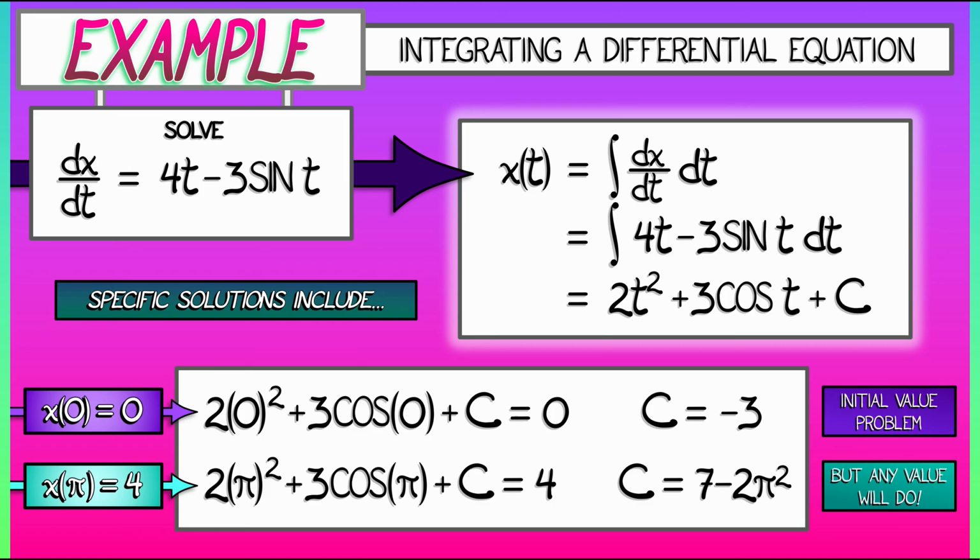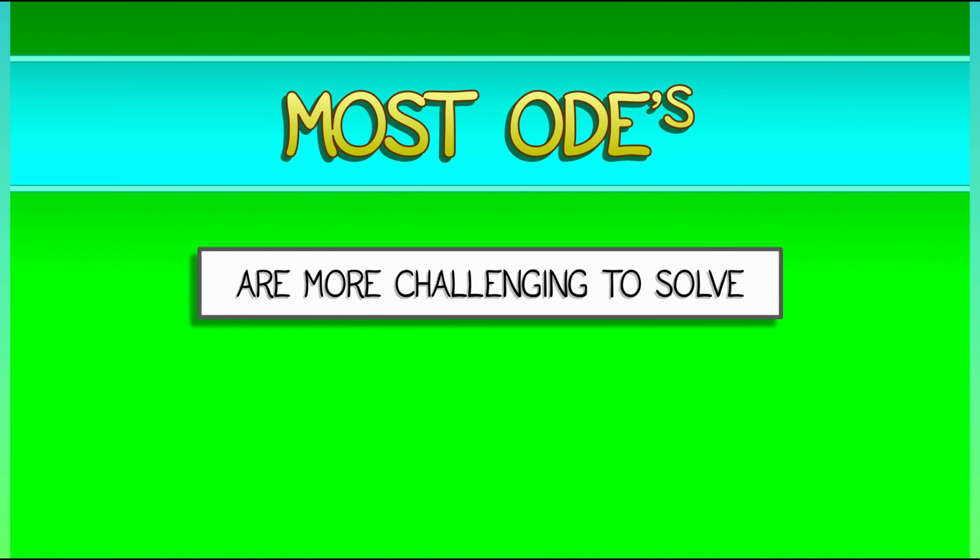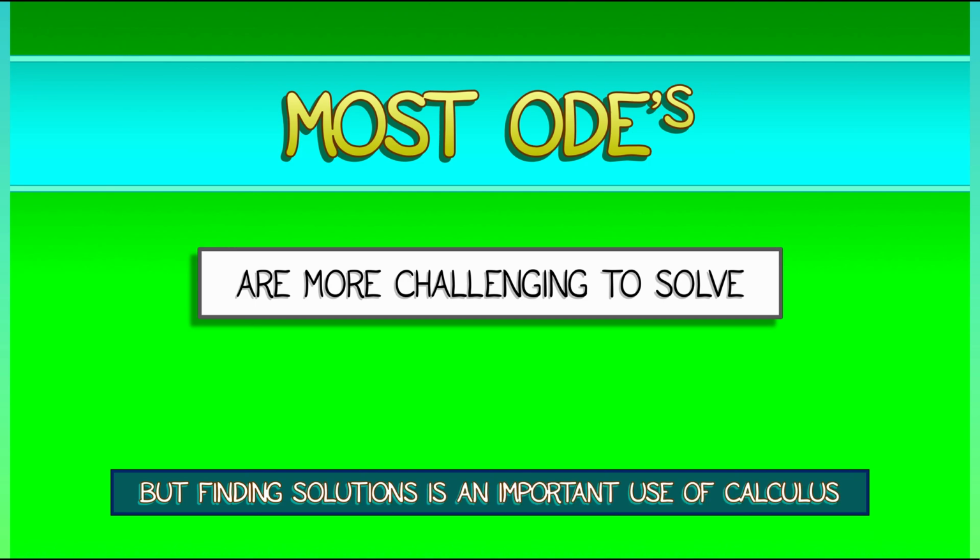That is the solution that satisfies this condition that x of pi equals 4. Now, that was a pretty simple example. Most ODEs, most DiffEQs are more challenging to solve. But finding solutions to ODEs, that's a really important use of calculus, of integration.